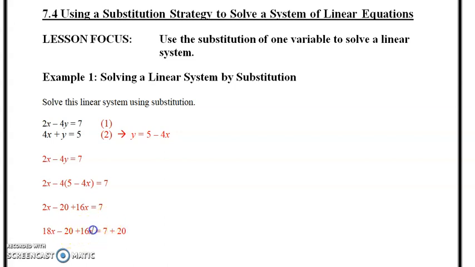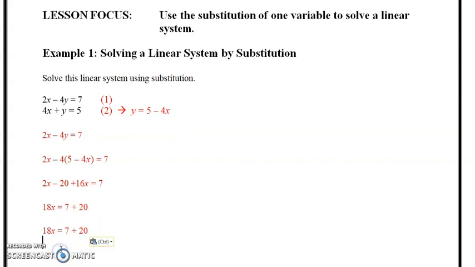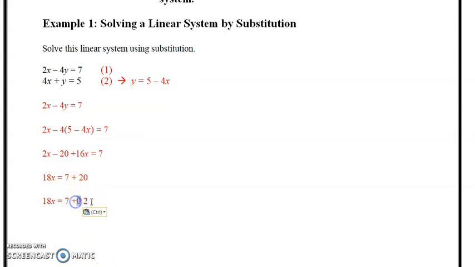So that'll be gone. We're left with 18x is equal to 7 plus 20. We add them together and we get 27. We divide both sides by 18, and we get x is equal to 1.5, or 3 over 2 is fine.